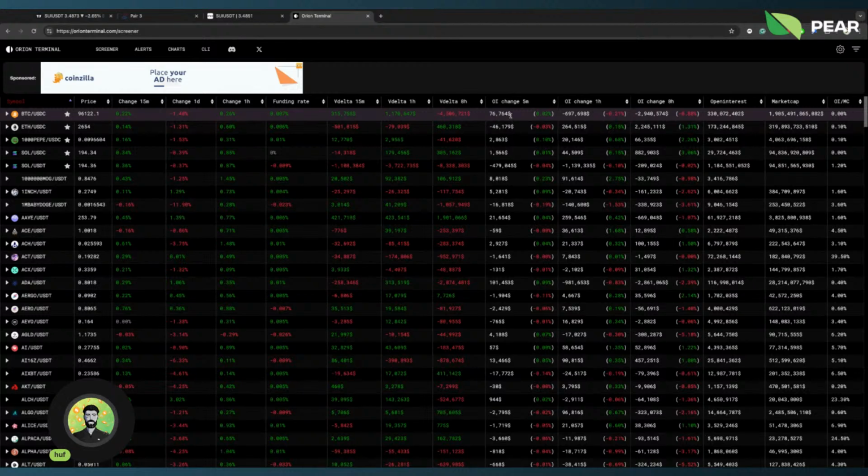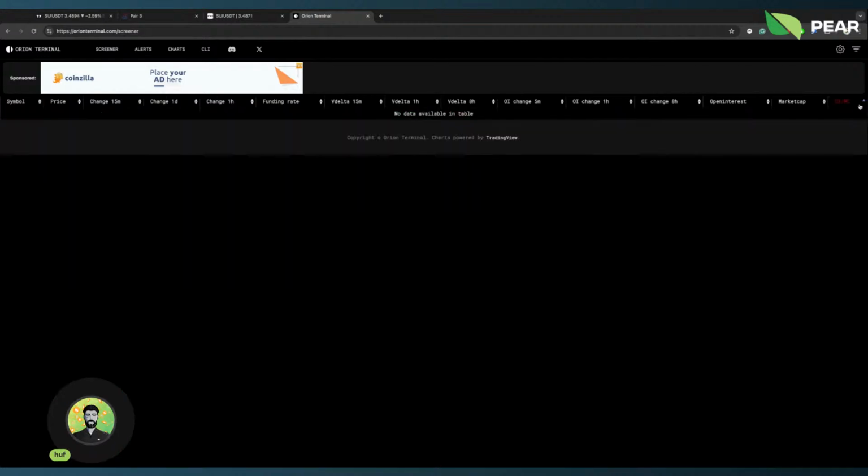Open interest change, which is less relevant here because there's not been a big move. Open interest change over the past hour suggests to me that if price is going up and open interest is going down, some shorts are starting to get squeezed. And then, yeah, open interest to market cap. So this is an interesting field.